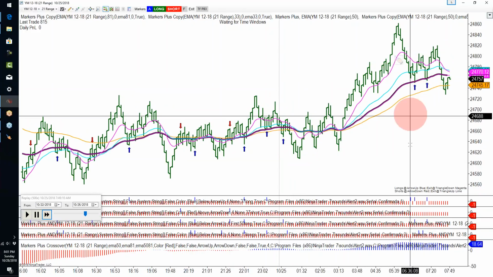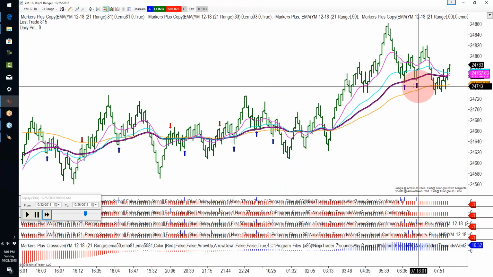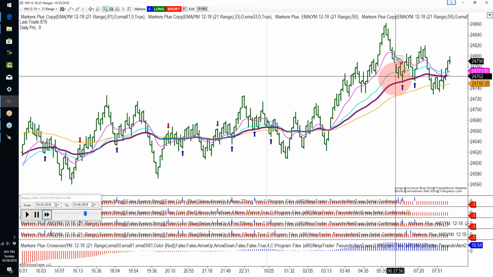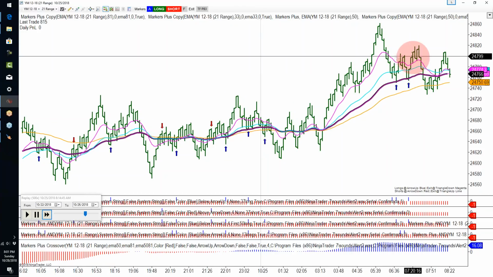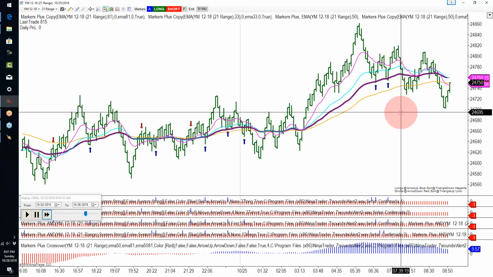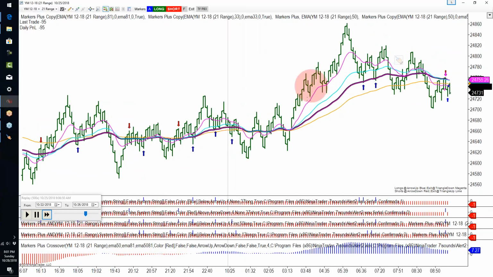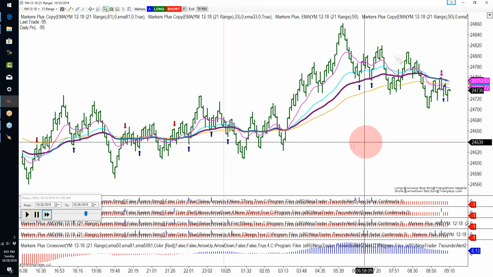So both of these trades, if we weren't in the black time window blackout, would have been probably only a target 1 win on the first one, and a target 1 and 2 win on the second one. The Raptor could also be set up to take trades in other locations.